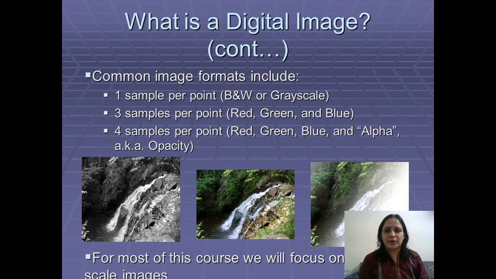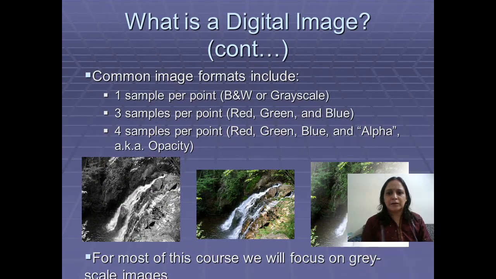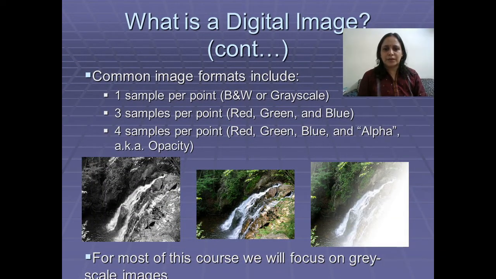Now look at these particular scenes. This is the grayscale image. There is no color object here. There are RGB values, so there is a color object over here, and here you can see the effect of the opacity. That means the fourth dimension that can be added, we call it an alpha value or the opacity of the object.